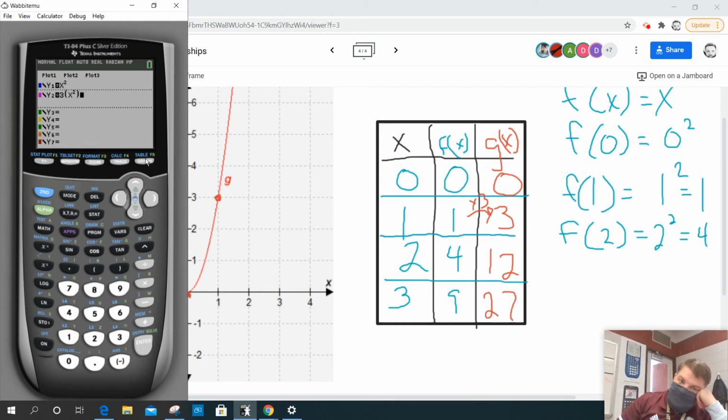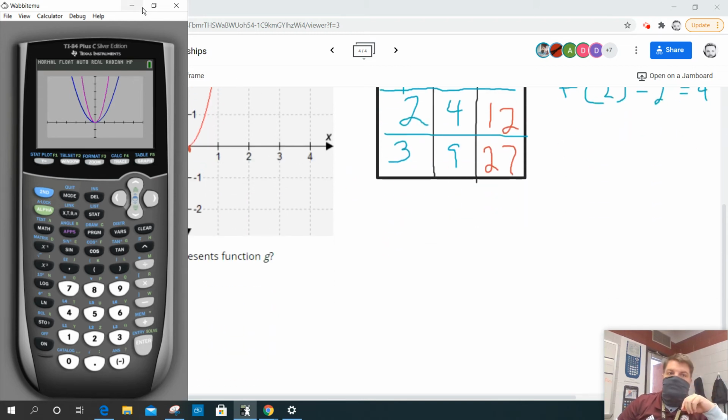Now I'm going to hit graph. So there's my parent function, and there's a skinnier function. Okay? Let me take a screenshot of that.